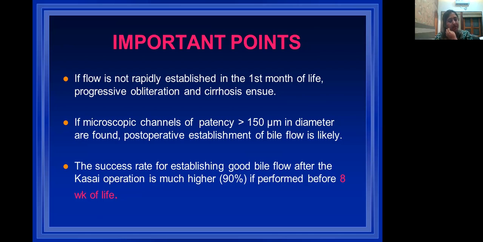So within the first month, if the flow is not ensured, obliteration, cirrhosis, and therefore further damage will occur. If microscopic channels are more than 150 microns, establishment of bile flow is likely. And if Kasai procedure is operated before 8 weeks of life, there is 90% chance of success.